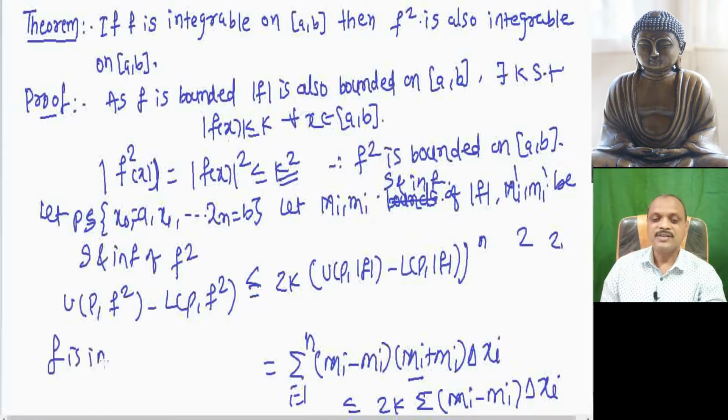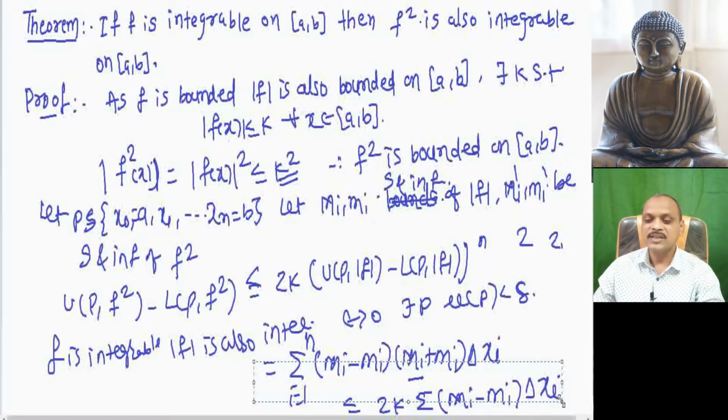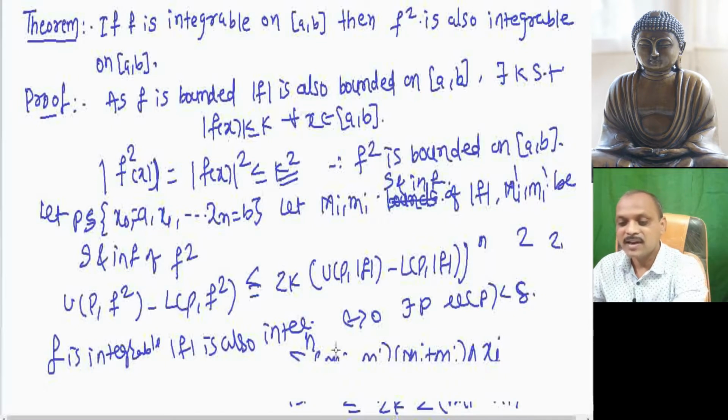Again, f is integrable, therefore mod f is also integrable. As mod f is integrable, for epsilon greater than 0 there exists a partition P with norm of P less than delta, such that the upper sum minus lower sum is less than epsilon.